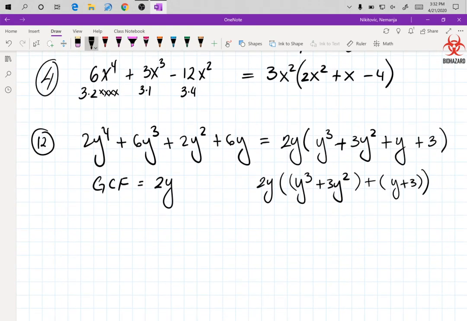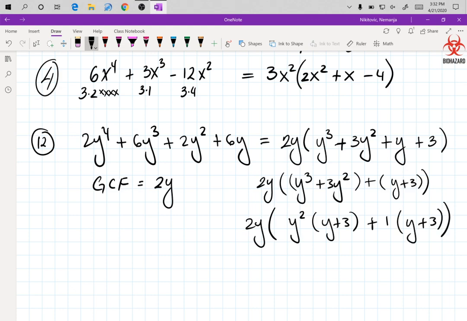So from the first group, we can pull out y squared as a GCF, leaving us with y plus 3. And on the second one, we have nothing to pull out, so you can just pull 1. That's okay, right? You can pull 1. There's nothing to pull out because y and 3 are not the same terms.